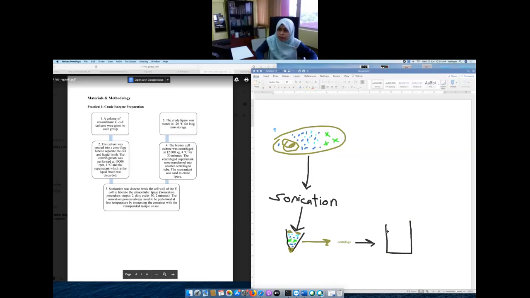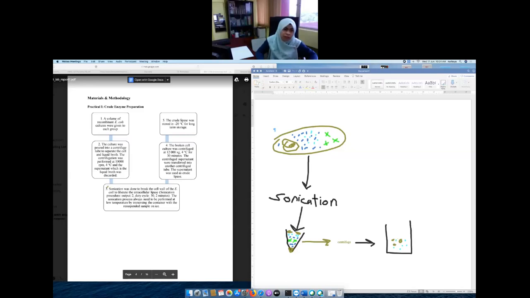So what do we have inside this container? Same: we're going to have this DNA and the lipase, but everything will be colorless, right?